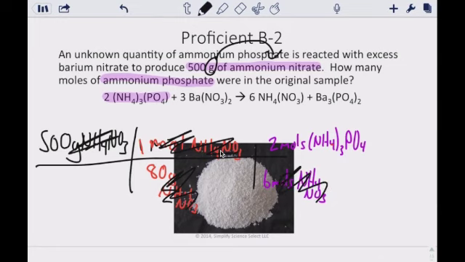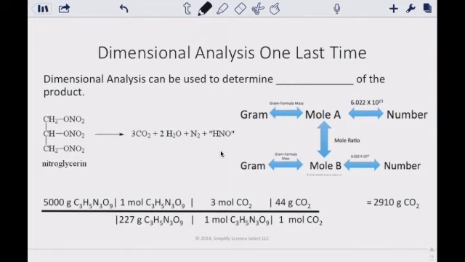Multiply the top, so 500 times 1 times 2, all divided by 80 times 6, and that will give us a mole amount of 2.08 moles, and that would be of our ammonium phosphate.